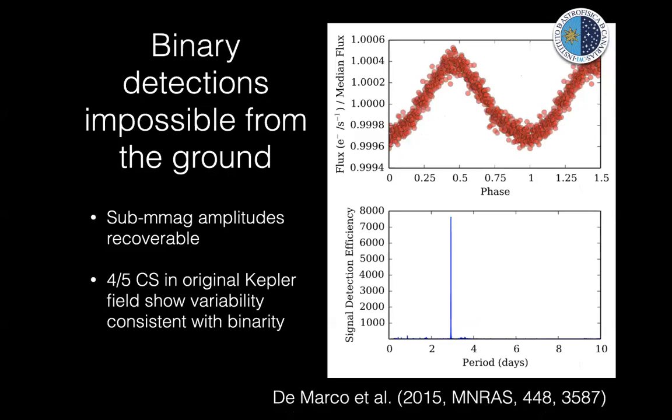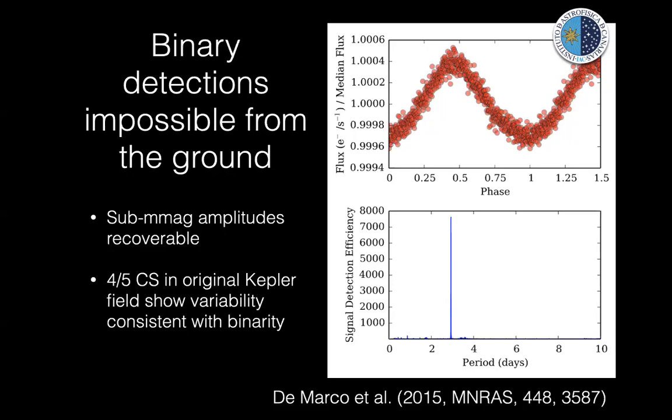And more support for that hypothesis comes when we use a more sensitive instrument. If we go to space and look at, for example, data from the Kepler satellite, in the first Kepler field, there were 6 planetary nebulae observed, 5 of which provided useful data, and 4 of which were binaries. So extremely high hit rate, about 80%.